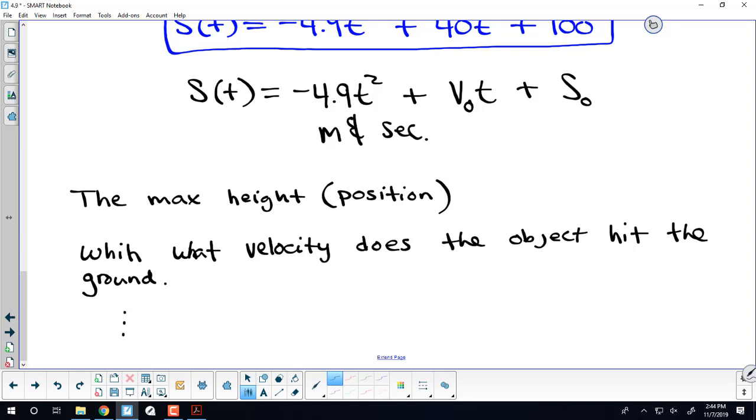Those problems involve you finding the position function, the velocity function, and then answering questions about that scenario. Does anyone have any questions?